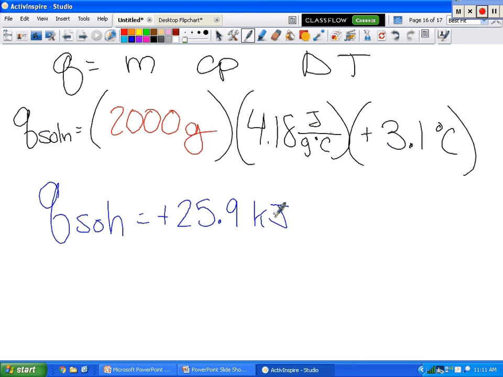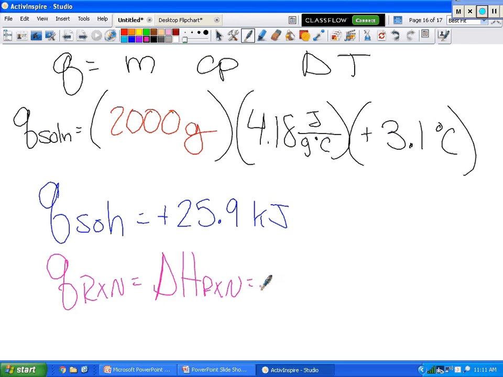So positive 25.9 kilojoules, but you have to remember that we need the Q of the reaction, which is equal to delta H of the reaction. So it's equal but opposite. So what's your final answer? Negative 25.9 kilojoules per what? Per mole of reaction.